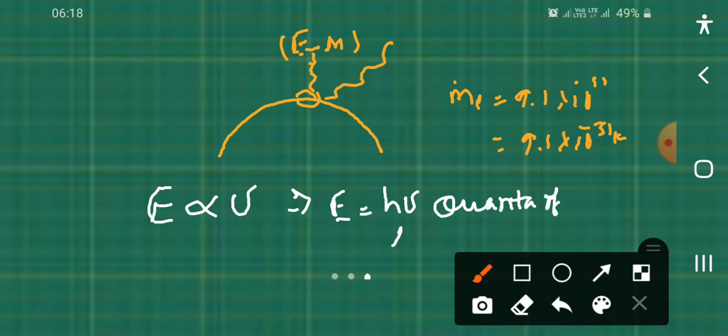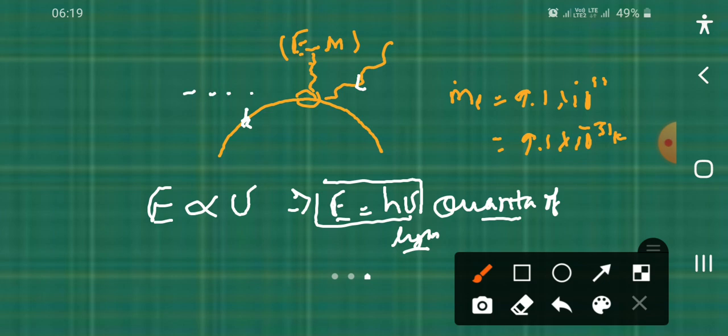According to Planck's theory, light radiation simply means flow of bundles of photons or quanta of light having a specific value of energy, h nu equal to E, and that energy is quite sufficient to displace the electron from its expected path.